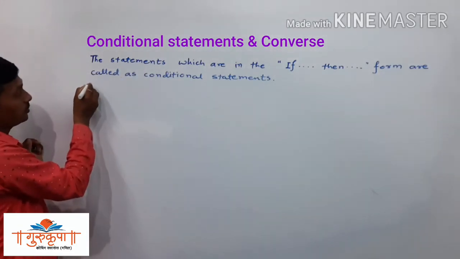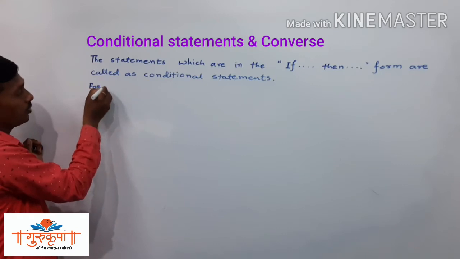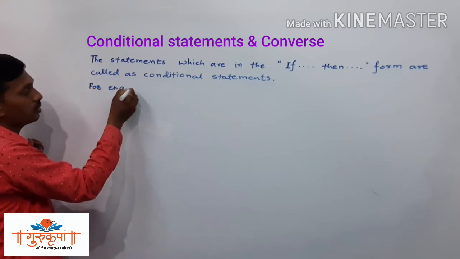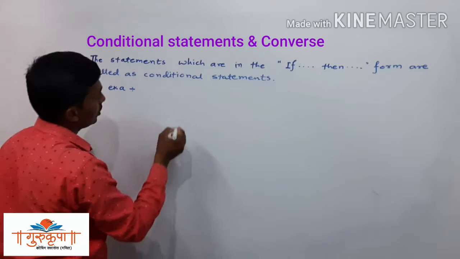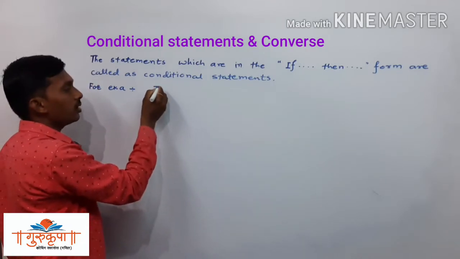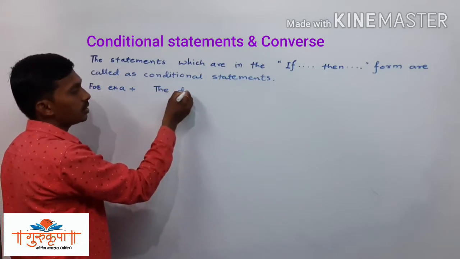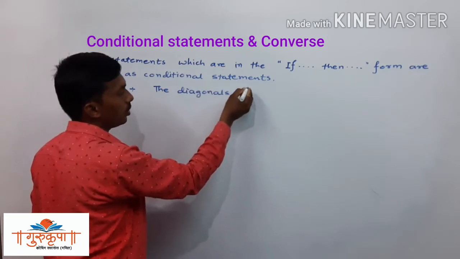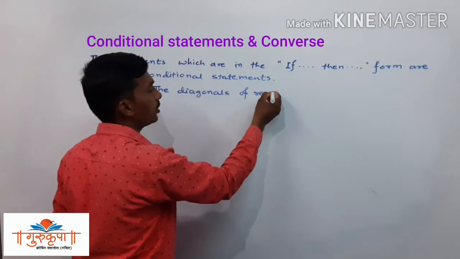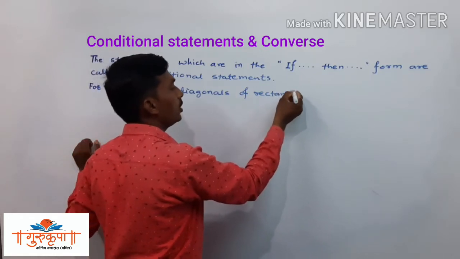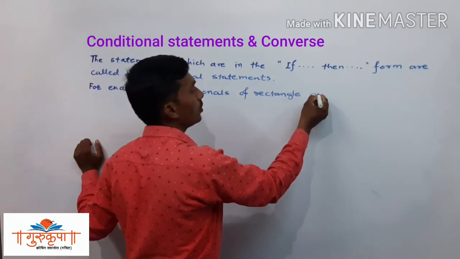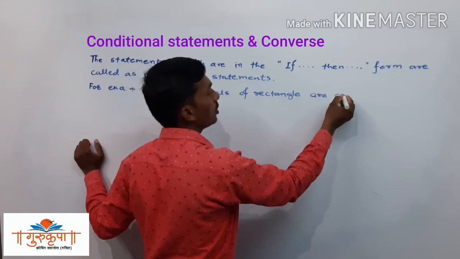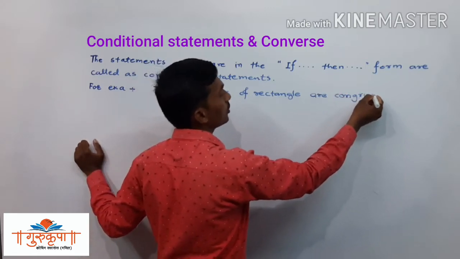For example, the diagonals of a rectangle are congruent.